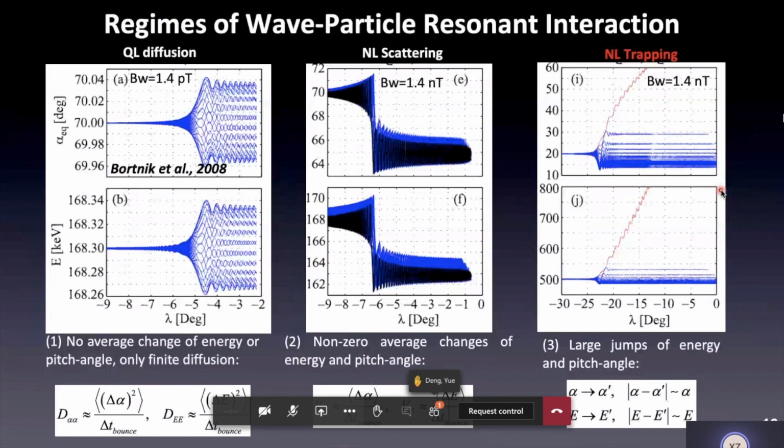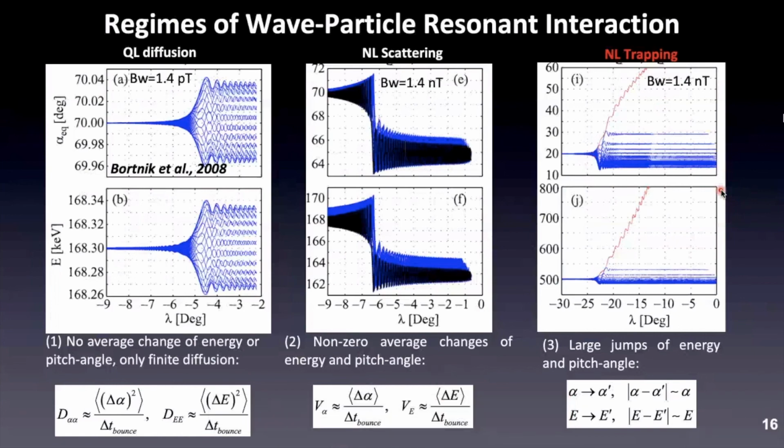Yeah. I just wanted to make an addition to this line of discussion: currently, all the nonlinear model can do is model the particle dynamics resulting from these nonlinear effects on a very short time scale, say a few bounce periods of these energetic particles.